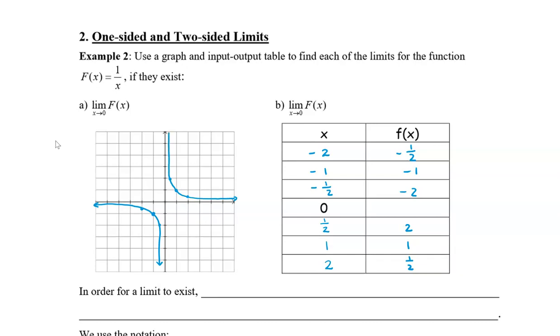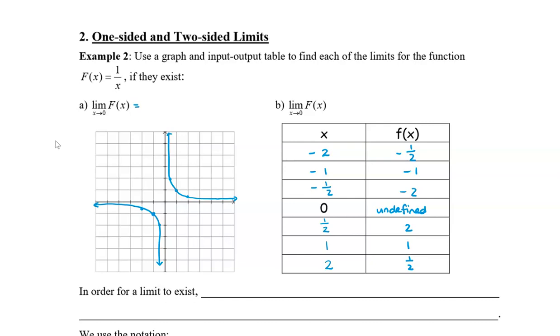Now you can see graphically and from your knowledge that we can't have x is 0 because that would make it undefined. So we would say that at 0, the value is undefined. Now we can also see that for the limit of f of x as x approaches 0, they don't actually approach a number. One goes one direction, the other one goes the other direction.